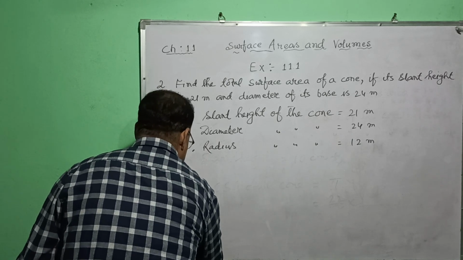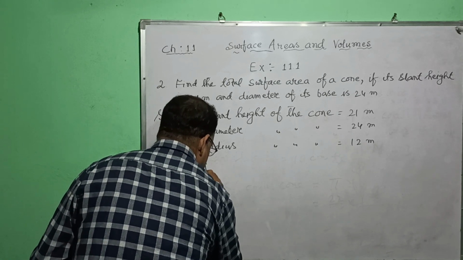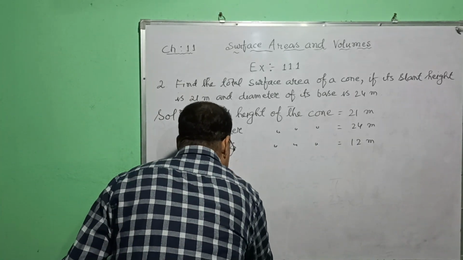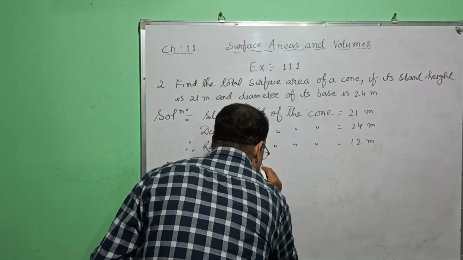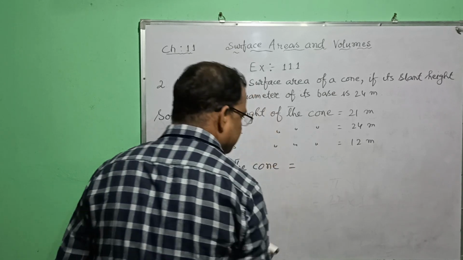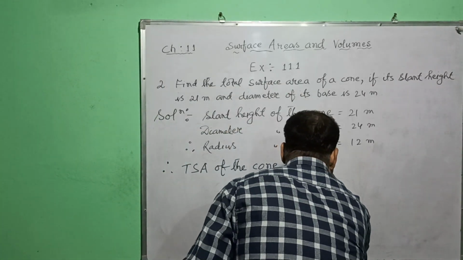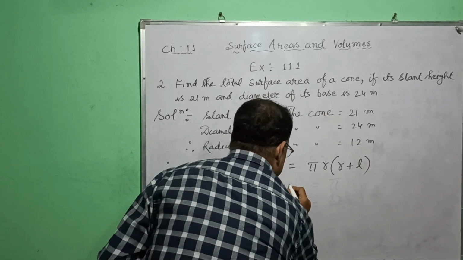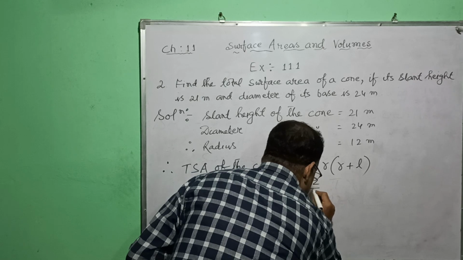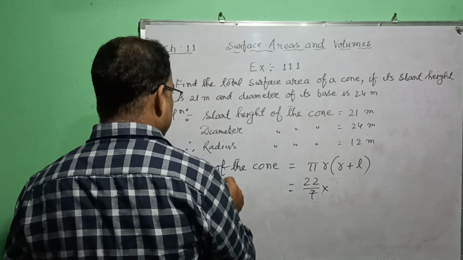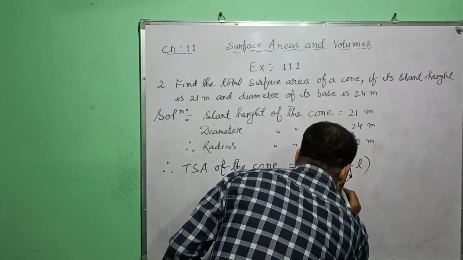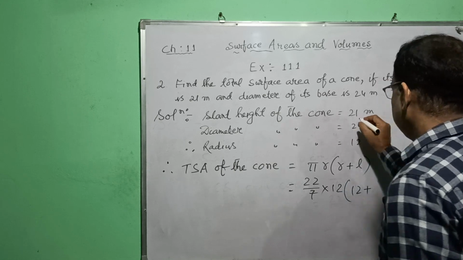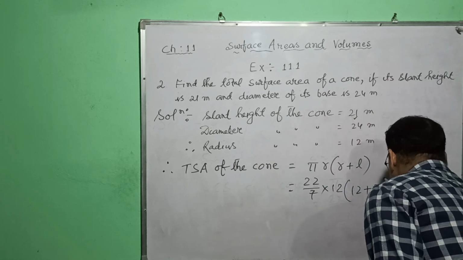Now we'll find the total surface area of the cone. Therefore, we can write total surface area. In short, I have written, you can write in full form, total surface area of the cone equal, as we know, the formula is pi r into r plus l. So equal, pi is 22 by 7 into r is 12 and l is 21.